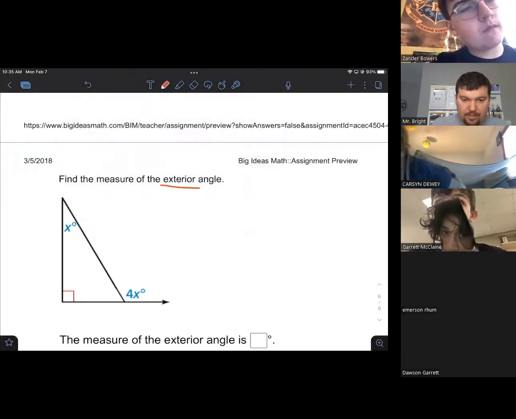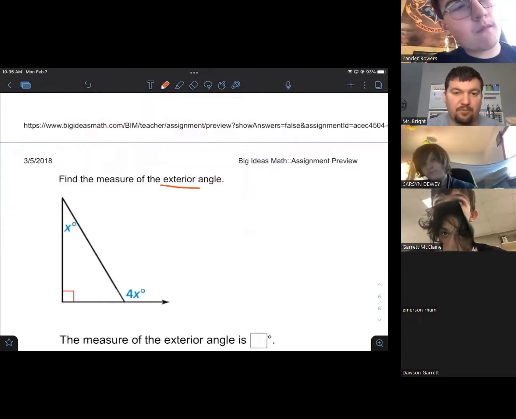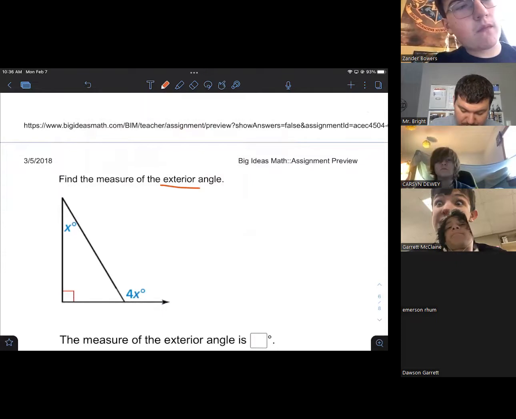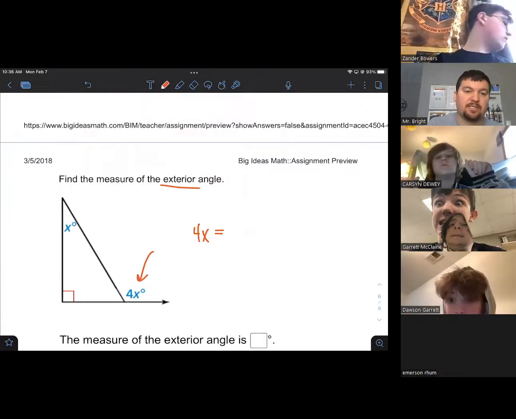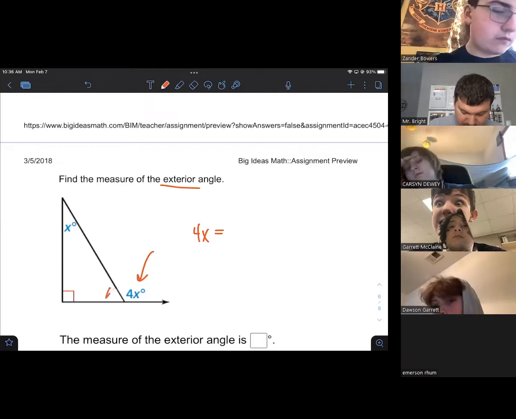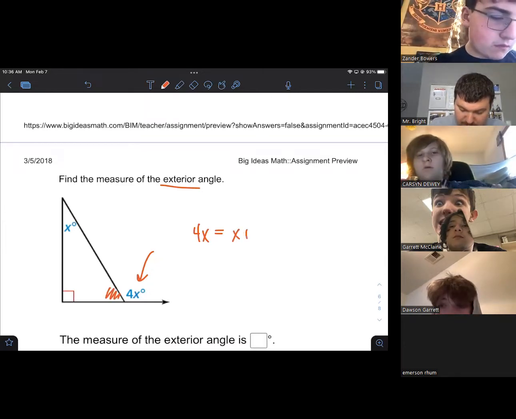So it's an exterior angle. Now we all know the triangle sum theorem, which measures the interior angles, but oftentimes we forget the exterior angle theorem, which says that the measure of an exterior angle is equal to the sum of the two non-adjacent interior angles, which means not the adjacent one here, which is x plus 90.